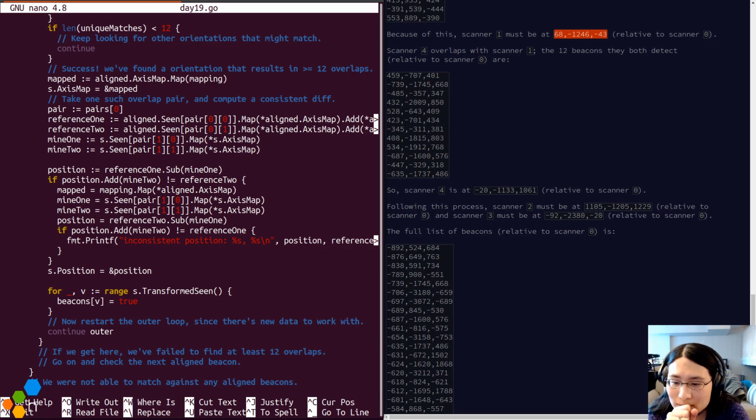Yeah, okay. I've got a feeling I understand this. What would happen if I inverted the axis map?